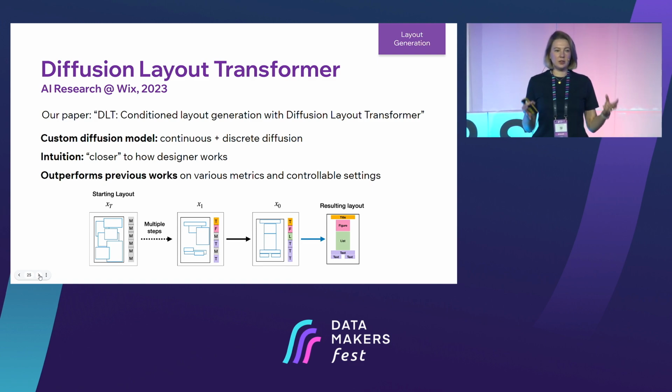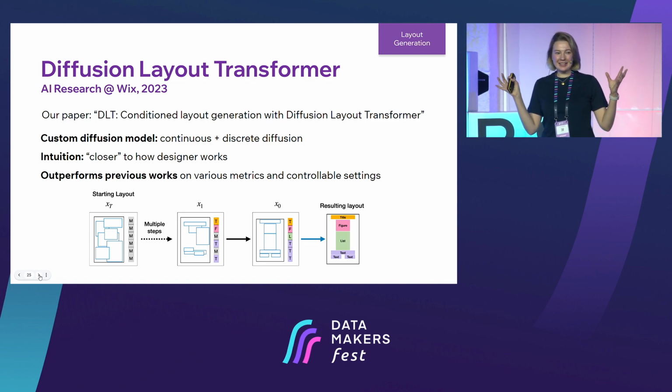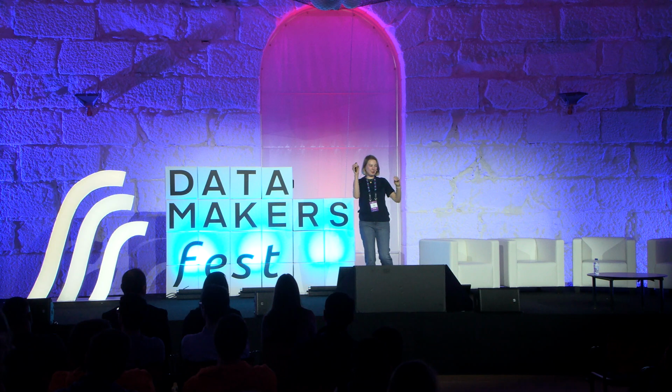And that's how we can take this model and generate layouts further. And it looks super natural. You can think about it, that's how designers work, right? They put elements, and then step by step they try to refine and move elements around. The diffusion process is a super natural way to solve design problems.